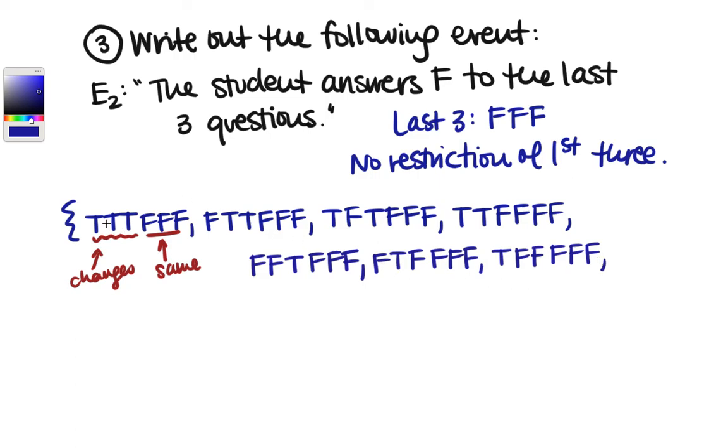So now we've got all T's, 1 F, 2 F's, and the other possibility is all F's. The first 3 could be F's, with those last 3 that are the same in every possible outcome. And there is our event E2. That is it for today.